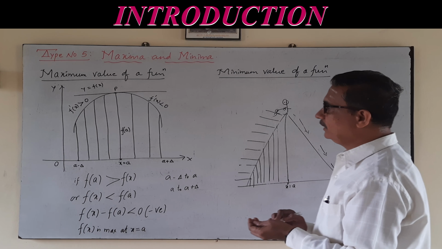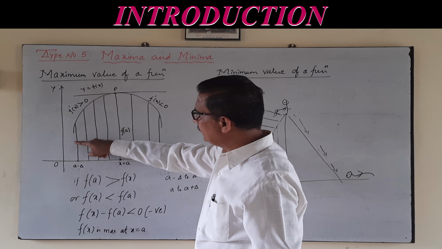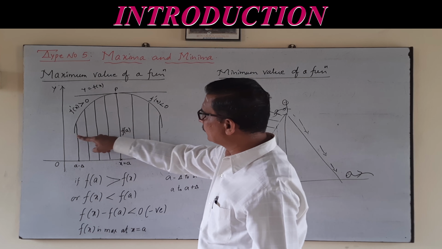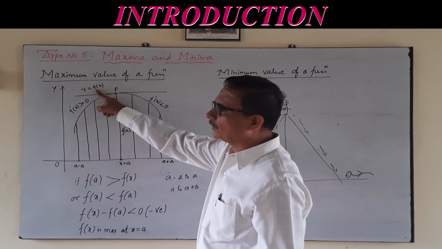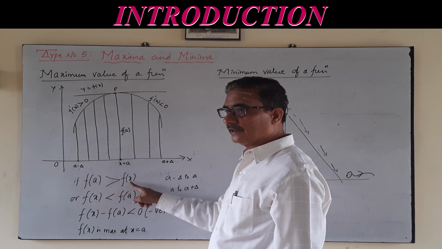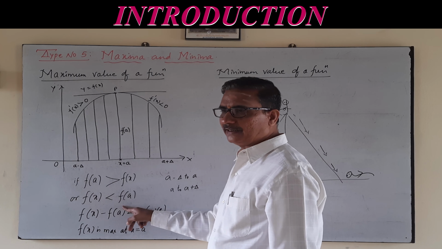So definition, remember, a function y is equal to f of x is said to be maximum at a particular point x equal to a if the condition that the ordinate f of a is more than the remaining values of the function f of x. Symbolically we write f of a greater than f of x. Interchange, we get f of x less than f of a.